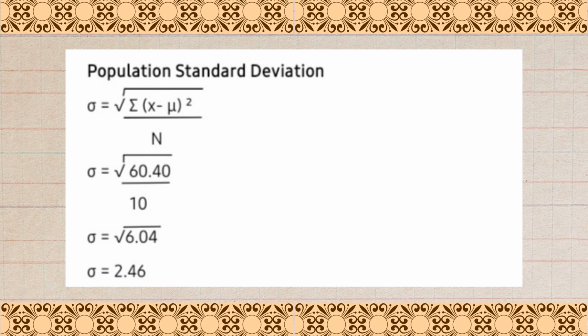So here in the example, we have 60.40 as the sum of squared deviation. We divide it by 10. 10 is the population size, so the answer is 6.04. So we need to get the square root of 6.04, so the answer is 2.46.